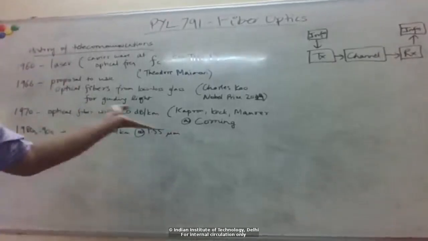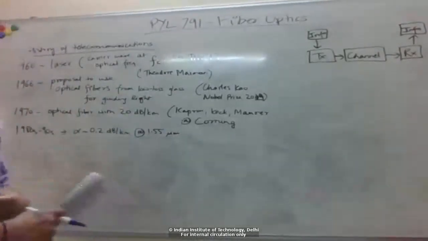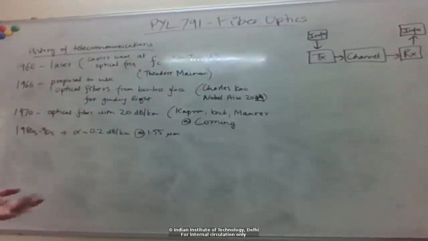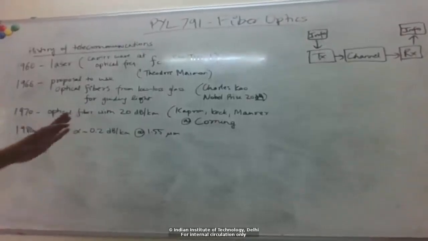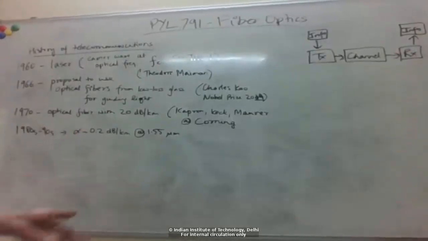So we'll see what the loss mechanisms are that can happen in optical fiber, and if you have ultra pure glass, no impurities at all, even then there will be a small loss. You might naively think that if you have a dielectric with some band gap, and the photons have energy less than the band gap, they should just pass through.